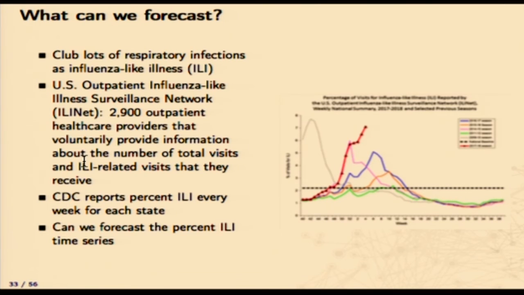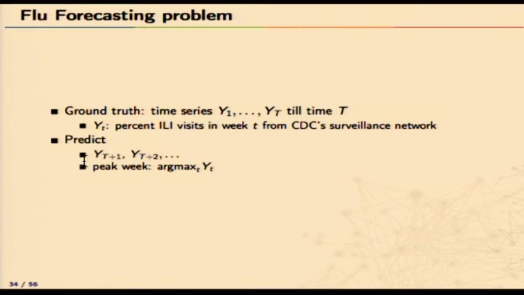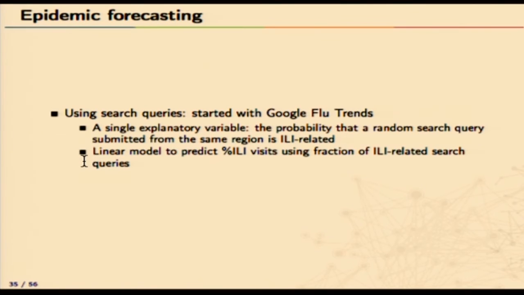This problem is interesting because Google tried to do this. How many of you have heard of Google Flu Trends? Yeah. Then you would know everything associated with that. So this is the formal problem for flu forecasting. You have a time series of percent ILI visits till some time t, and for the next week, you want to figure out this quantity. Google's idea was very simple.